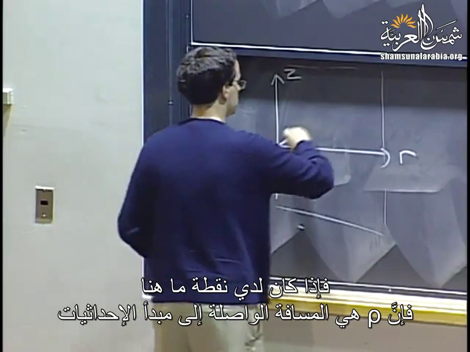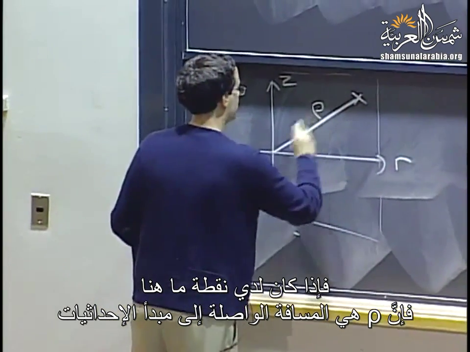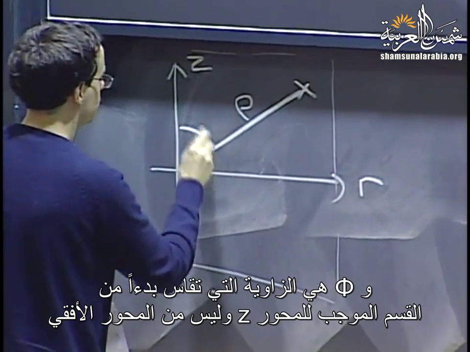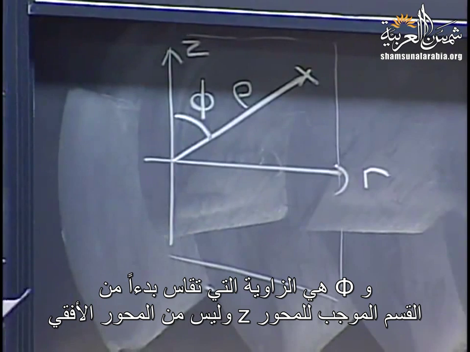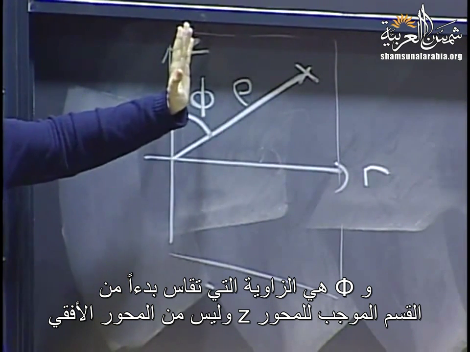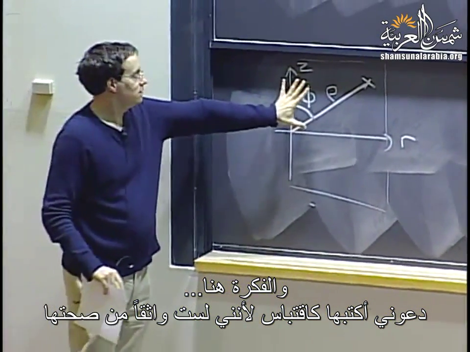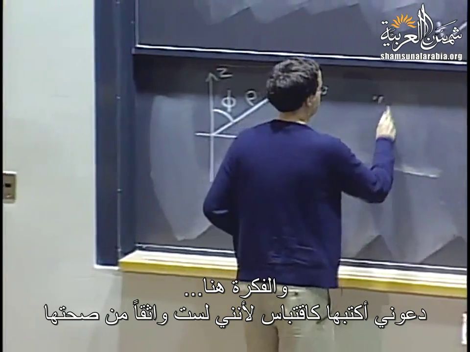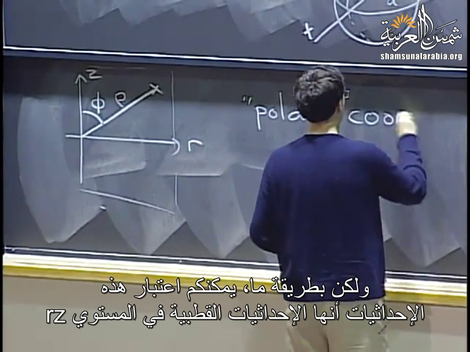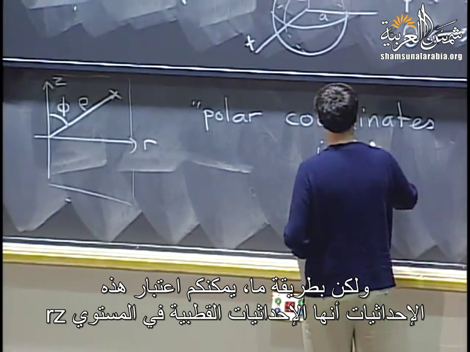Okay, so if I have a point in here, then rho will be the distance from the origin, and phi will be the angle, except it's measured from the positive z-axis, not from the horizontal axis. But the idea in here, I'm going to put that between quotes because I'm not sure how correct that is, but in a way, you can think of this as polar coordinates in the rz plane.